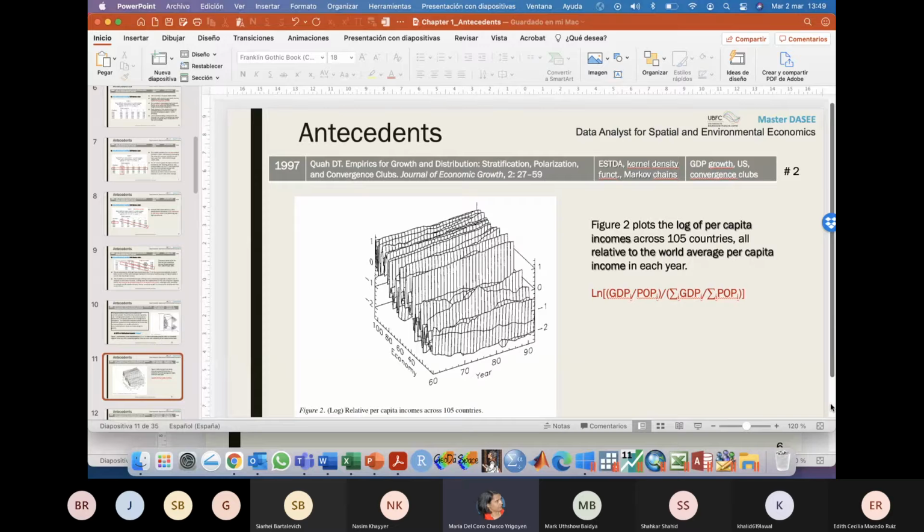In this new figure, figure 2 of the paper, he represents a three-dimensional chart. He plots here the log of per capita incomes across each of the 105 countries, all relative to the world average in each year, and he does that for each of the years from 1961 to 1988.